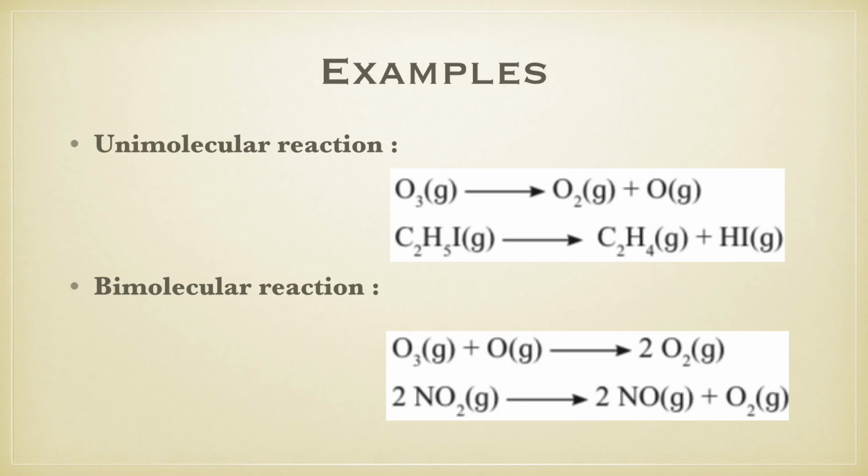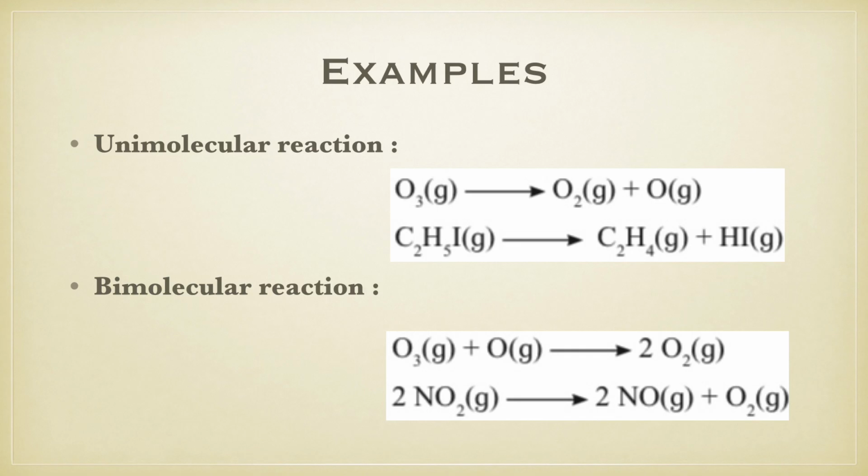How many reactant molecules are there? It is 2. Remember, we also consider the stoichiometric ratios. How many moles of NO2 are there? There are 2, so 2 NO2 molecules. Therefore, here also the molecularity is 2. Hopefully you understood the molecularity of a reaction.